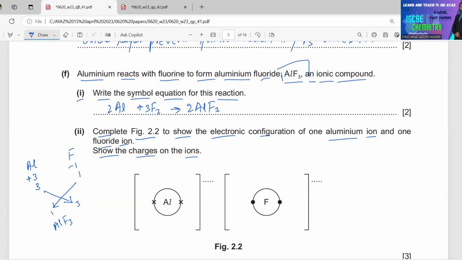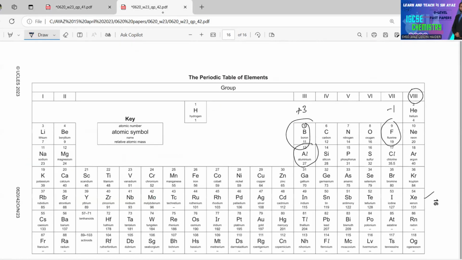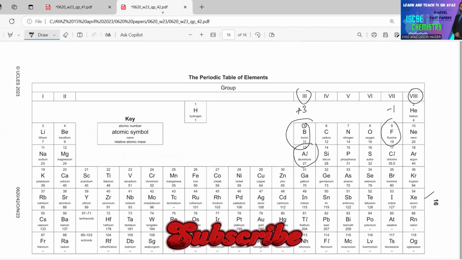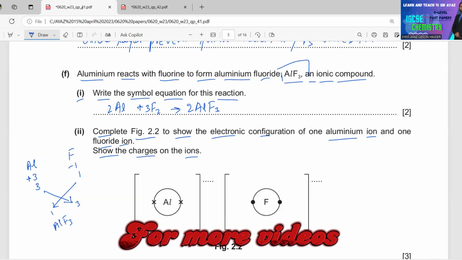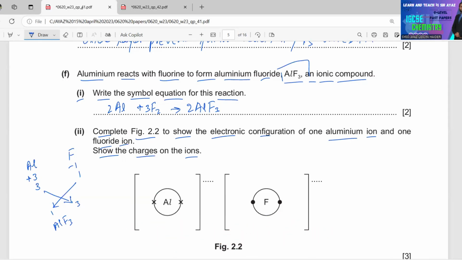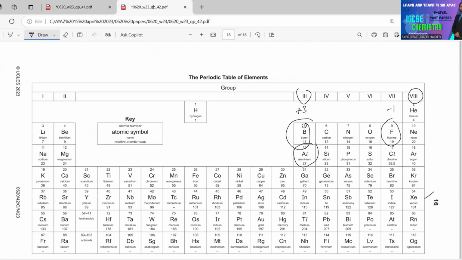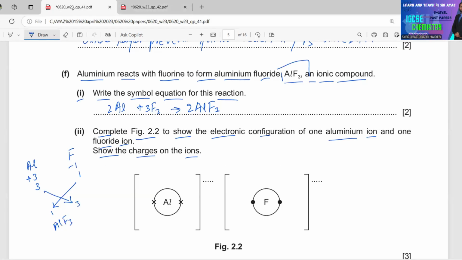The reason is that aluminum is in group 3. As you can see from here, it's in group 3. It will lose 3 electrons. All of this, it's 3 valence electrons. And each fluorine atom will be taking up or gaining these electrons. For the aluminum, if you look at the proton number of aluminum, it's 13, which means it has 13 electrons. Al, initially 13 electrons.